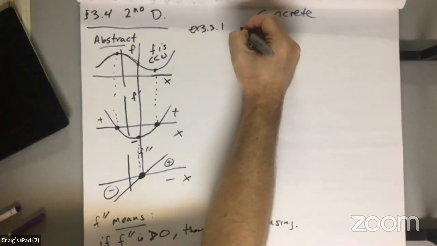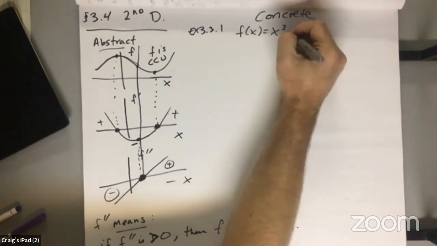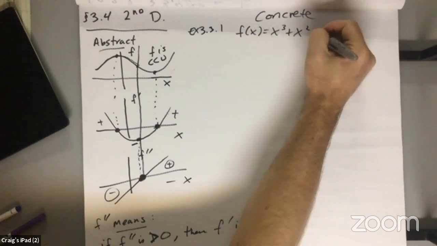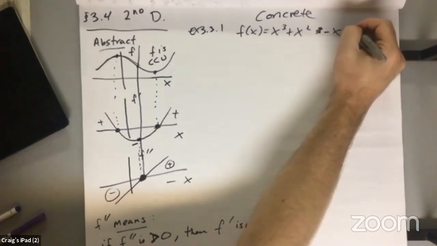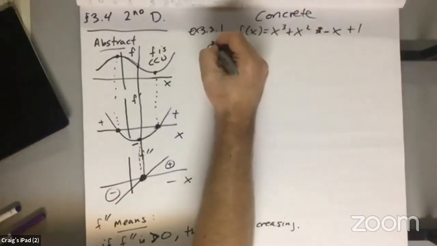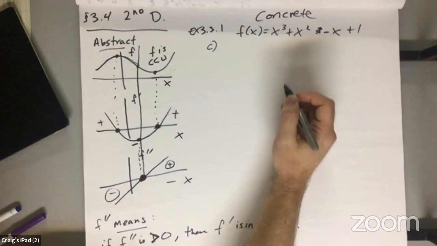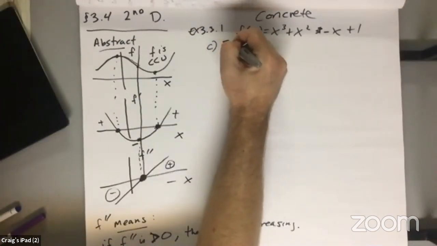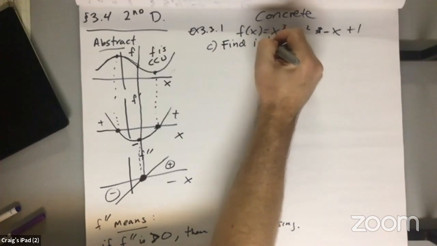But let's do it because we already have it. f of x is x cubed plus x squared minus x plus 1. And so our part C of this question is, I basically want to find the intervals of concavity.